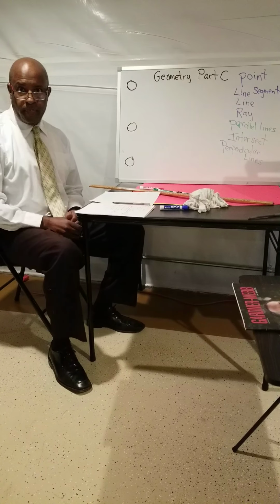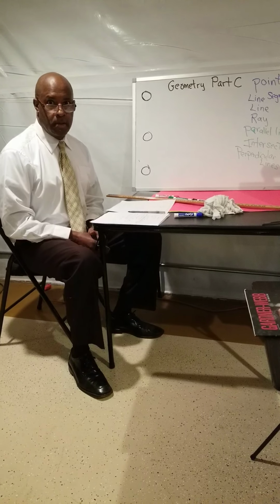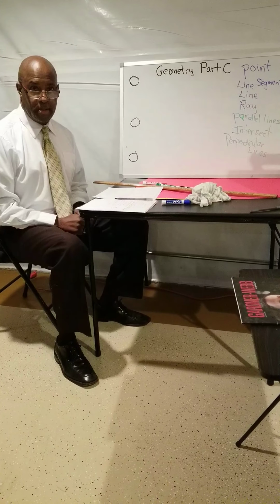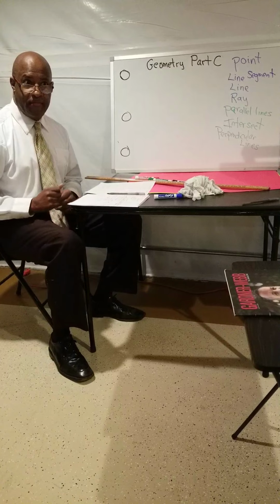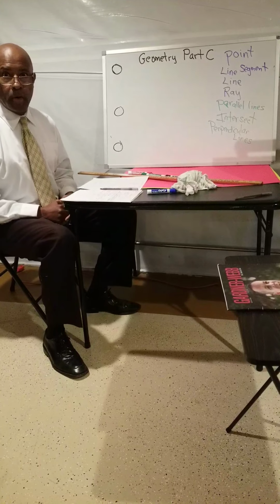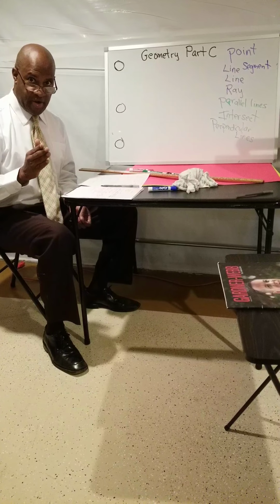Now, just as a quick review, the vocabulary that we've gone over already is point; line segment, which has two endpoints; line, where you have a line that goes with two arrows on both ends; ray, where you have one endpoint and in the other direction there's an arrow.